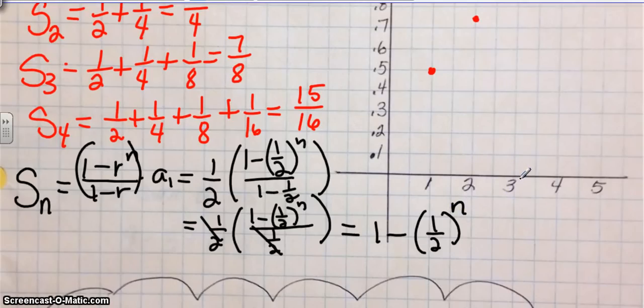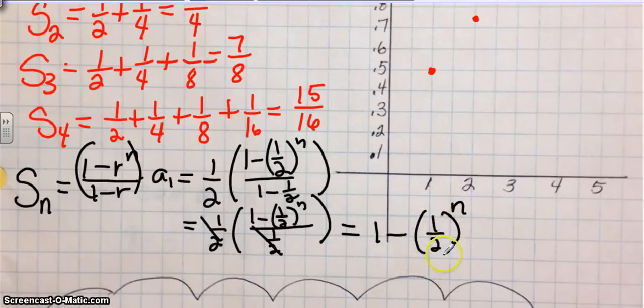Now, if you remember, this is a geometric series. That means I'm taking the sequence and I'm adding all of the terms together. N, however, is finite, not like what we were just doing with infinite, but n is finite. But now if you think about this formula, you have 1 minus 1/2 to the n. As n is getting really, really huge, this term is getting really, really small.